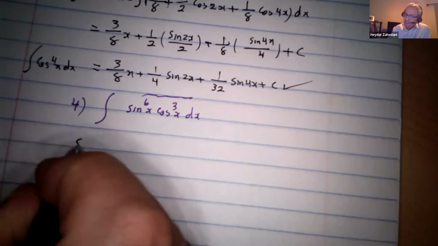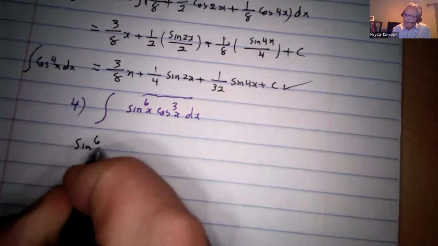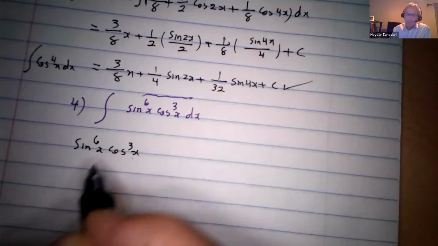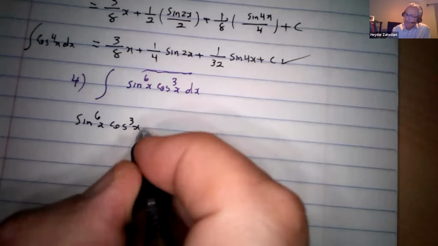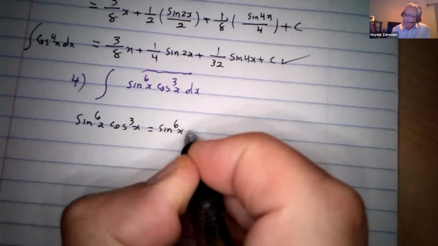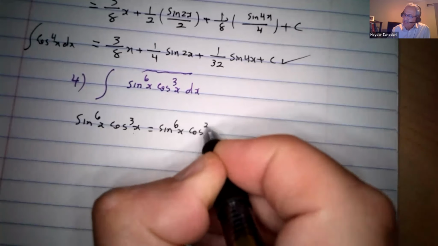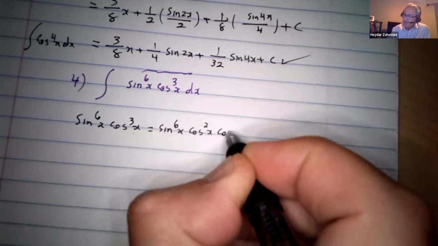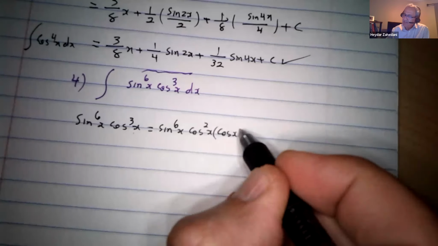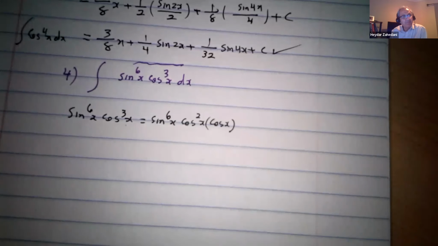So this is the given one. You look for the odd power. The power here is odd. So break it. So that gives a sine to the 6, this is going to be cosine squared times the cosine of x. Leave this one because this is going to be your u prime.